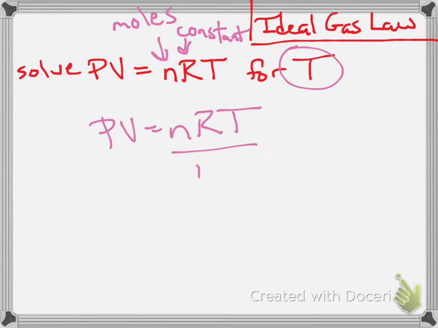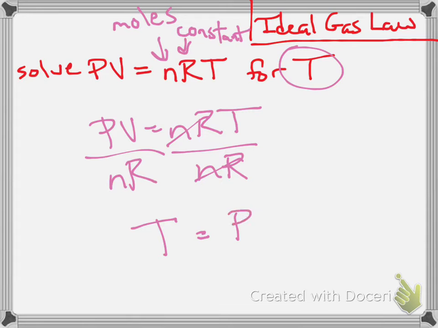So we need to divide both sides by n times R. We're going to cancel those out on the left. And we're going to end up with T equals the pressure times the volume over the number of moles times that constant R. And if we plug those numbers in and we do the math, then we'll be able to very easily solve for T.